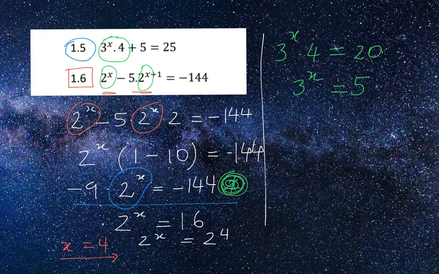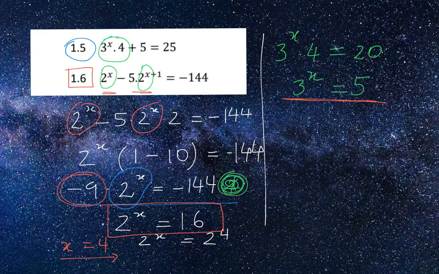Okay, and now I stop, because it would be lovely if by dividing by the number in front of the exponential form, I got to something that I can create as a common base. There is no way that we can find a common base between 3 and 5. So what now?